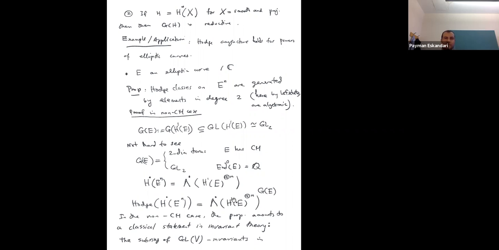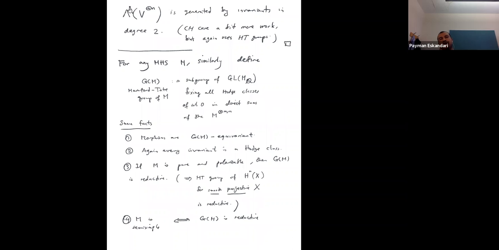Now, in the non-CM case, where your Mumford-Tate group is just GL2, the proposition will amount to the following classical statement from invariant theory: suppose V is any rational vector space, then the subring of GL(V) invariants of the exterior algebra of V to the power of n is generated by invariants in degree 2.